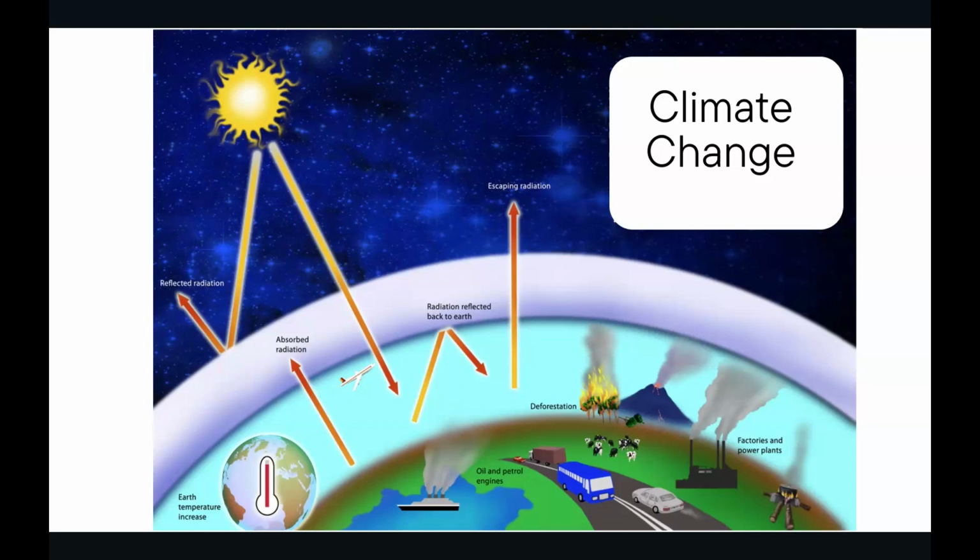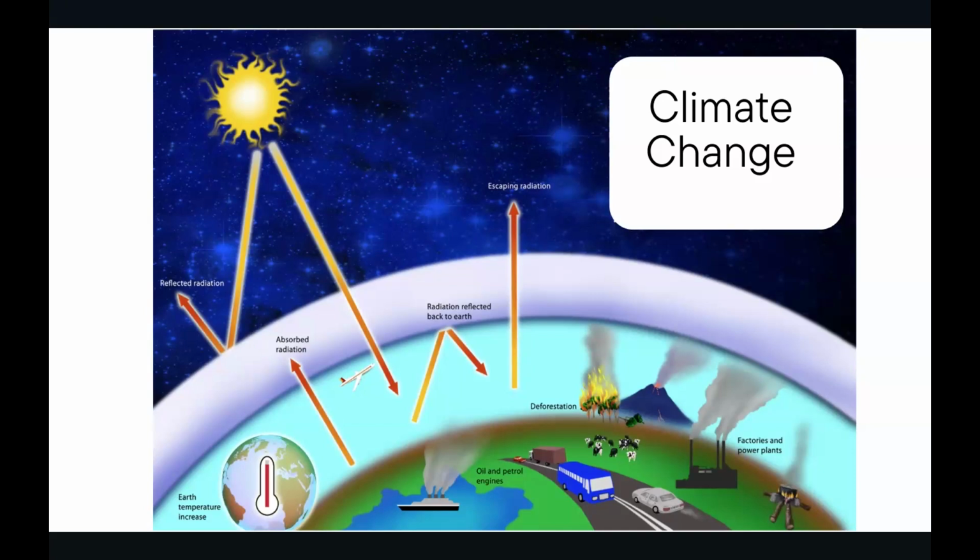But over the past 150 years, human activities are causing the Earth to warm up much faster than it would naturally. And those activities are related to burning fossil fuels, like powering cars and trains and planes and factory farms. They all cause the release of gases that accumulate in the atmosphere, and they create kind of like a blanket that traps heat, like a car when you roll up the windows and it traps the heat of the sun.